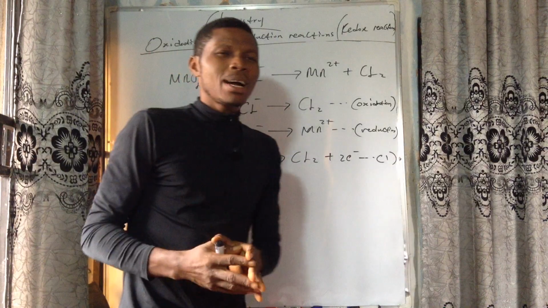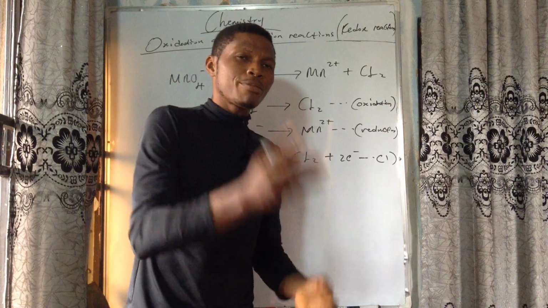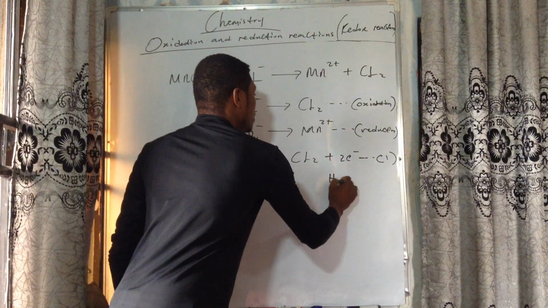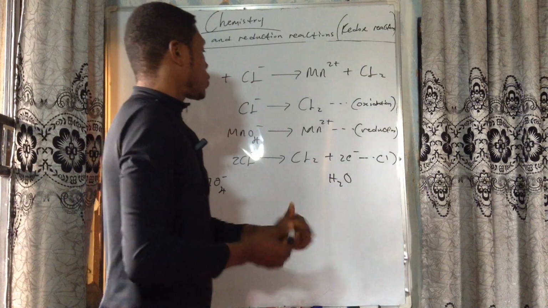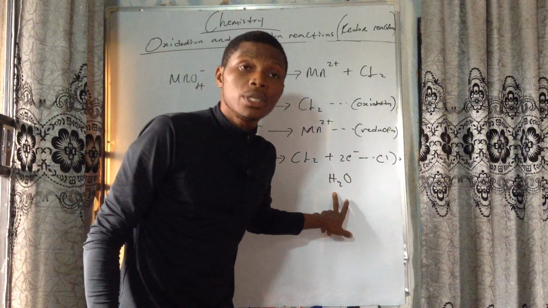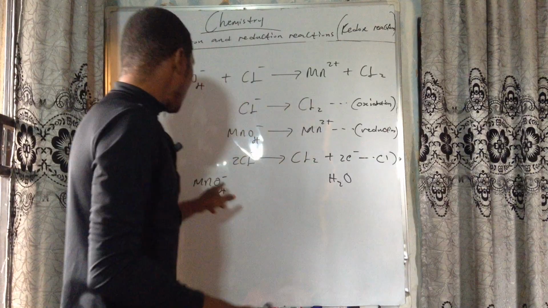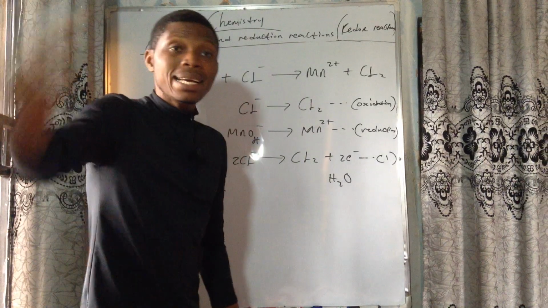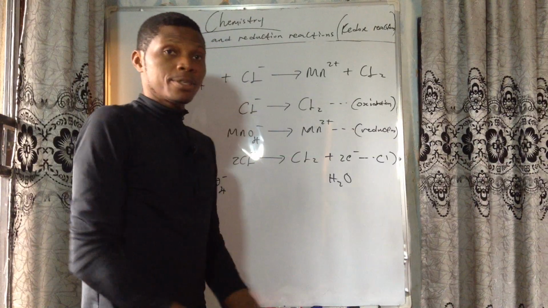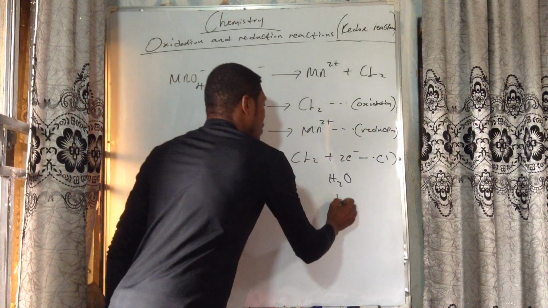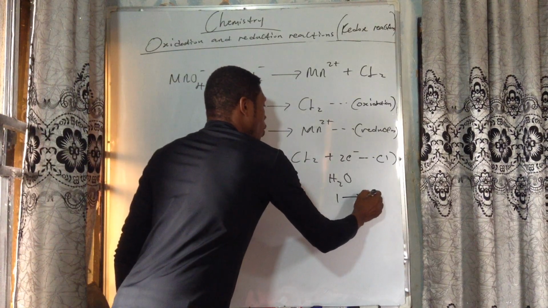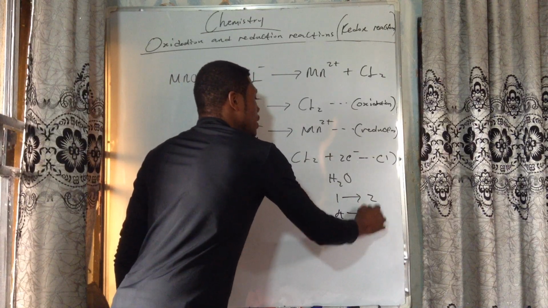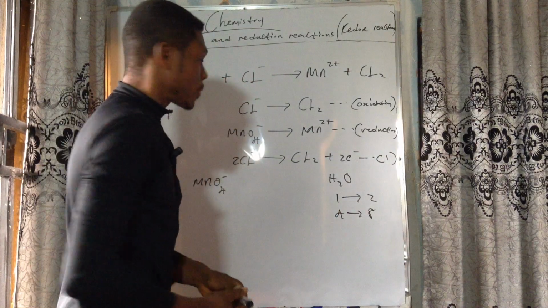Now, you ask yourself, how many hydrogen will 4 oxygen require? Remember, in the formation of water, H2O, 1 oxygen atom requires 2 hydrogen atoms. So 4 oxygen atoms will require 8 hydrogen atoms. If 1 requires 2, then 4 will require 8. If you do the math, you know it's correct.